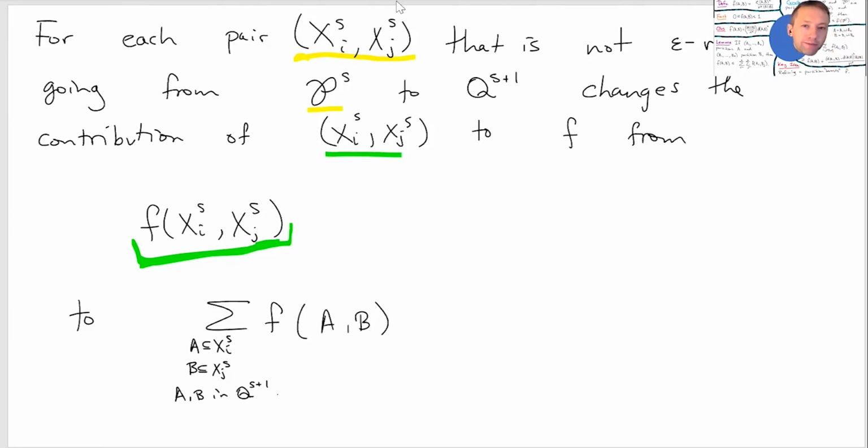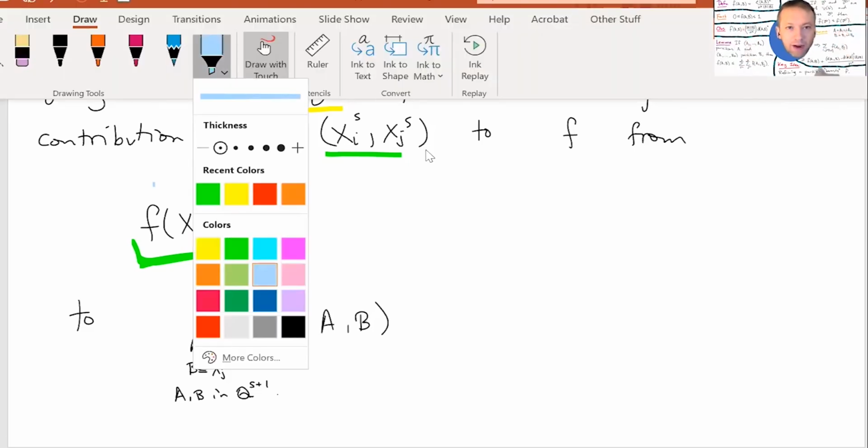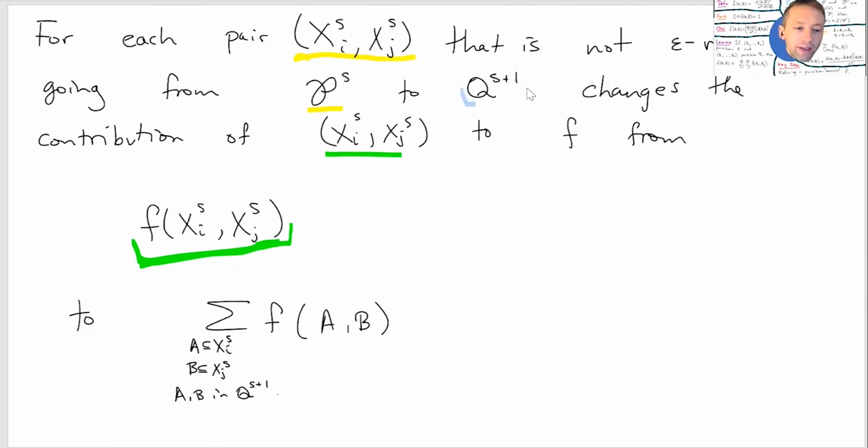But in QS+1, the contribution coming from the pair xi xj is the sum over all the subsets of xi that are in QS+1 and all the subsets of xj which are in QS+1 of f of ab. And these a's and b's are the sets you get from the Venn diagram thing.